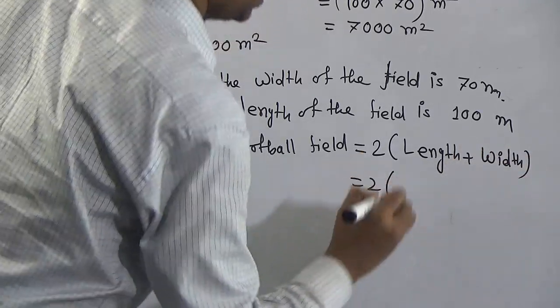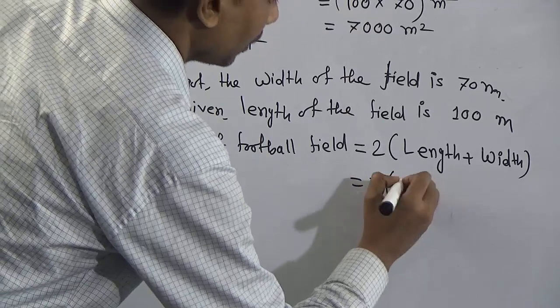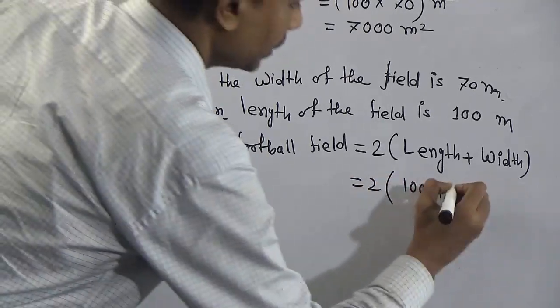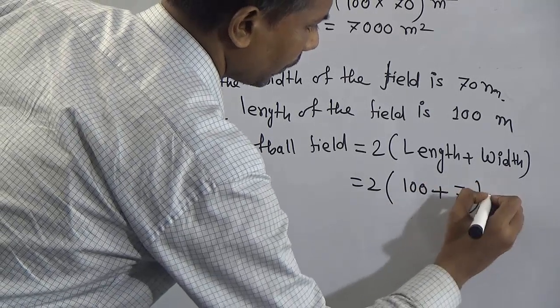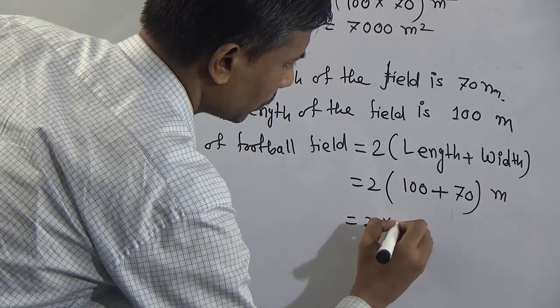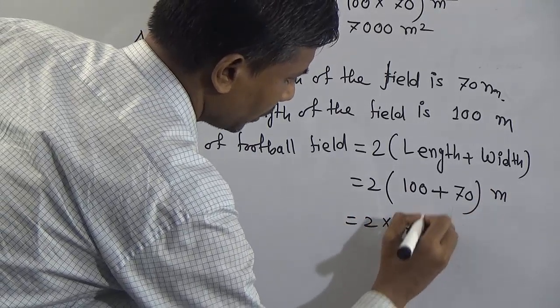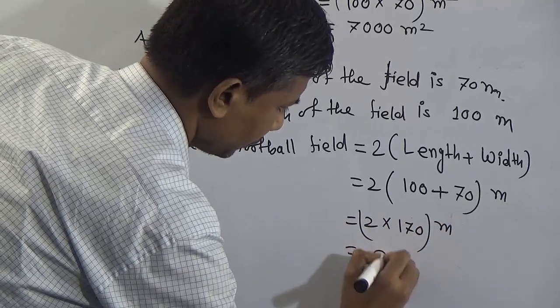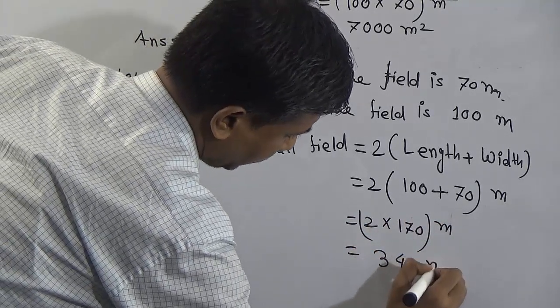2 into length 100 and width 70, and the unit is meter. Therefore 2 into 170 is equal to what? 340 meters.